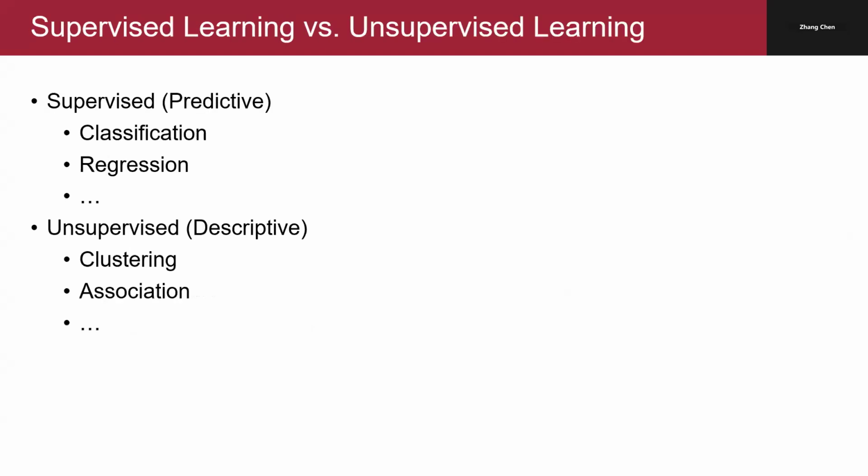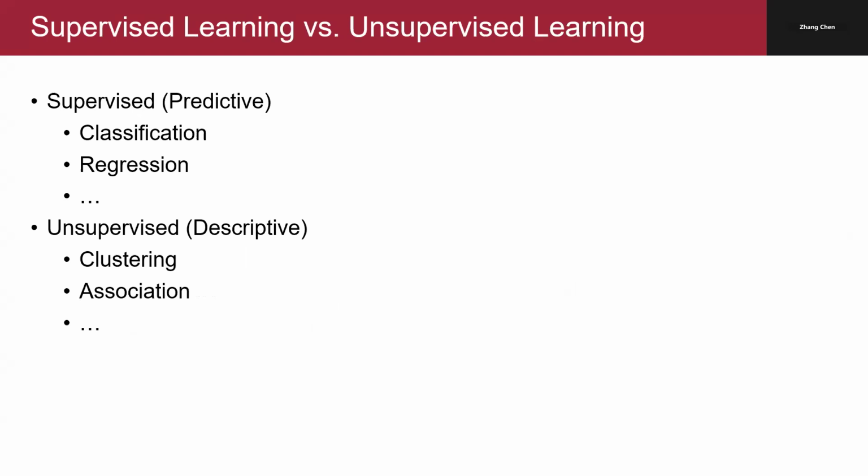In machine learning, usually we differentiate two ways of analysis. A very simple characterization is to consider them as supervised and unsupervised learning. Supervised learning, I believe you must have heard about this before. Supervised learning uses labeled data.